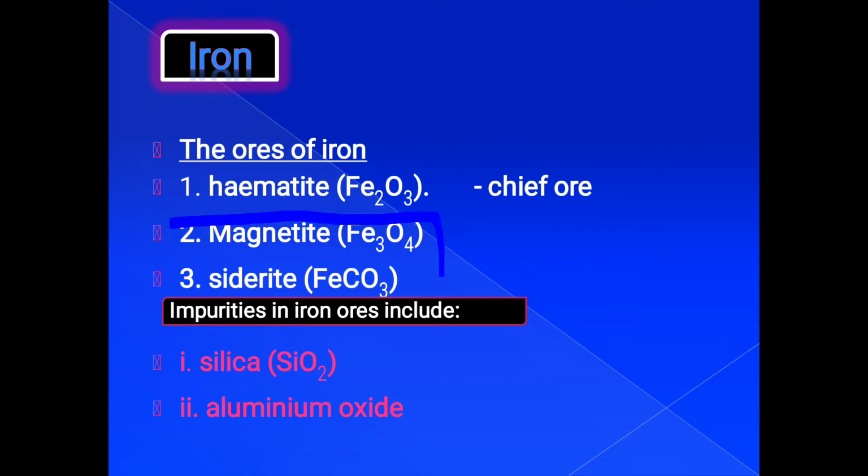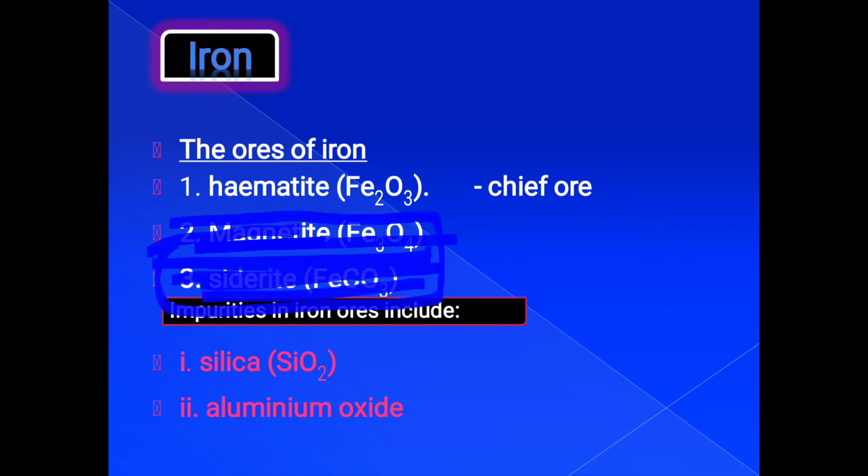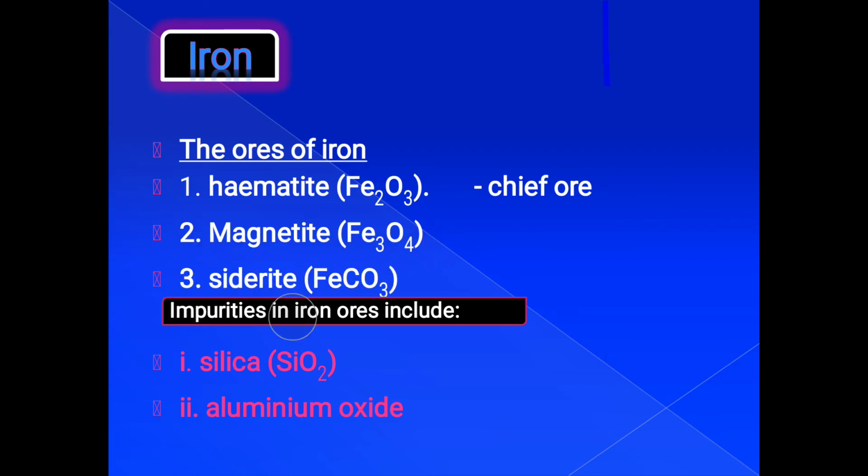These last two ores are not very popular in the extraction of iron. So we mostly extract iron from the first ore, which is hematite. The impurities are silica with this formula, and we also have aluminium oxide.